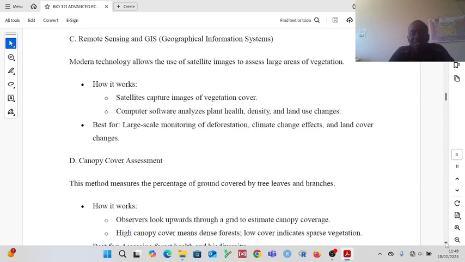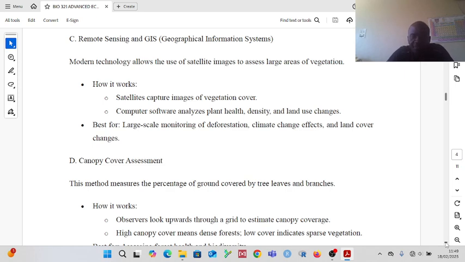You use those images to analyze the types of vegetation, the vegetation density, how the cover changes from one place to another, how the land use changes, and the health of the vegetation that we can see across an ecosystem.